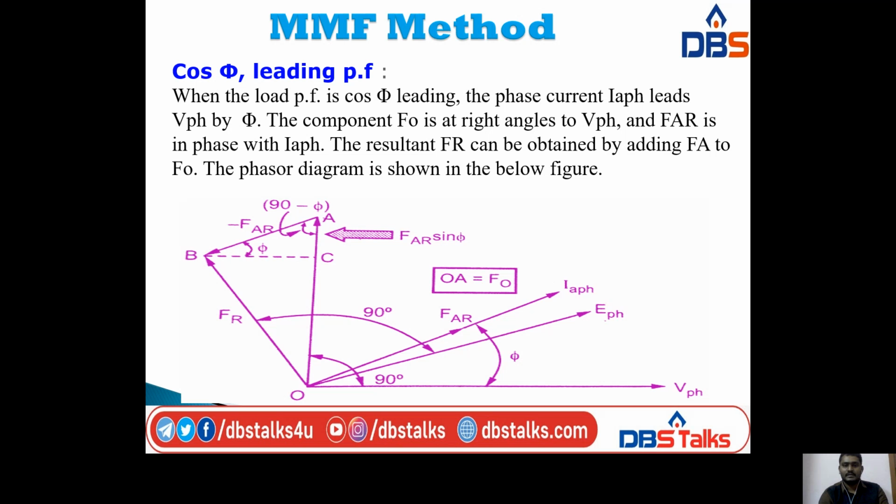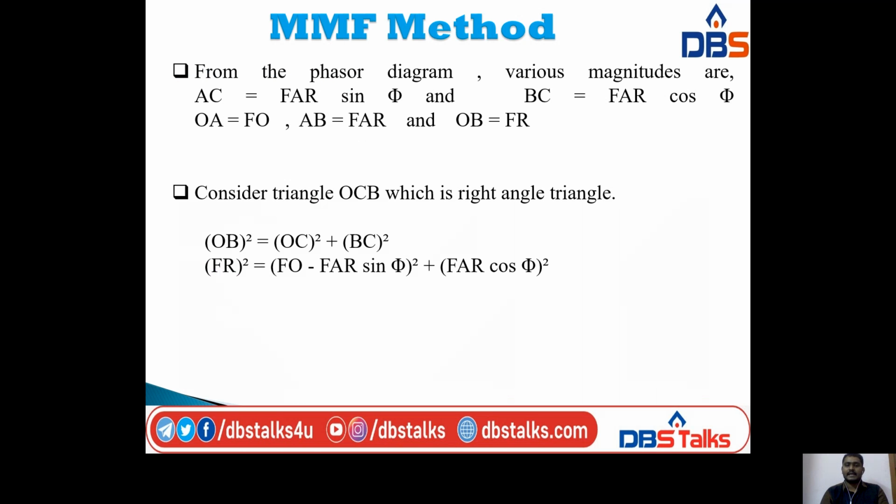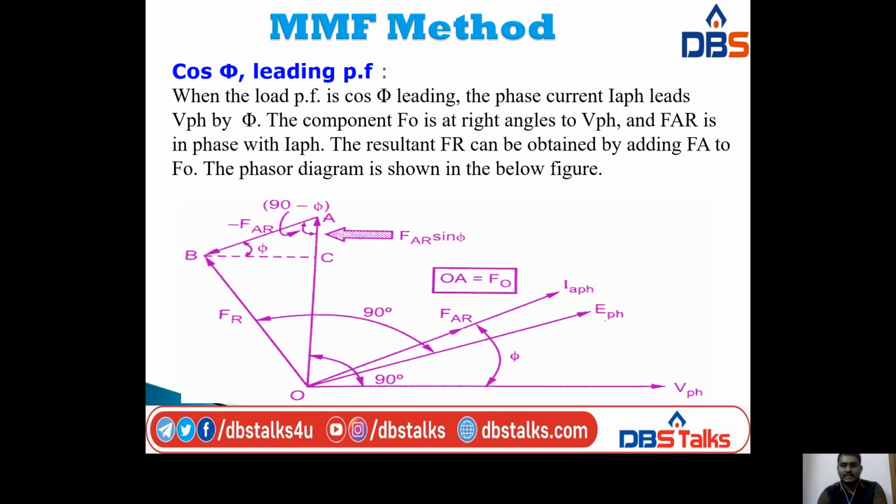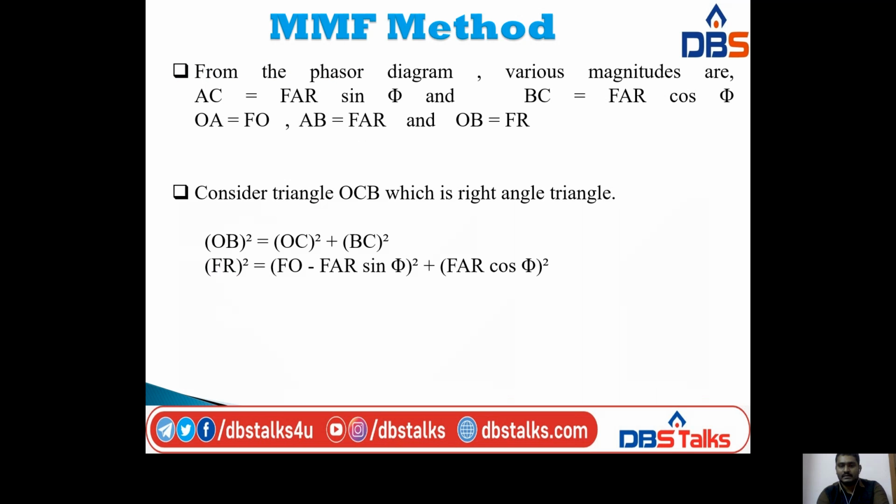Next, consider the triangle OCB, which is a right angle triangle. Compared to the lagging power factor cos phi, here also I am taking the right angle triangle OCB. From the Pythagoras theorem, you know the formula: OB whole square is equal to OC whole square plus BC whole square.